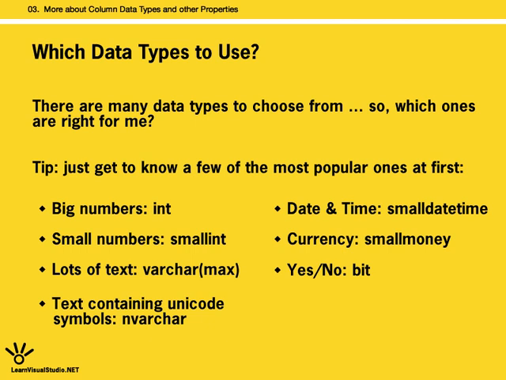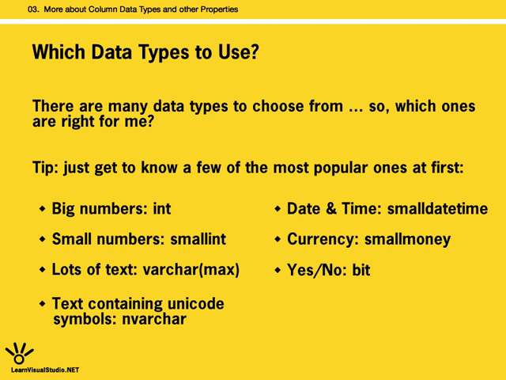Well, if we needed a lot of text, maybe like paragraphs of text, and we don't really know how much data we're expecting there, then in some rare situations we can use varchar max, which would allow us to put as much textual information, paragraphs and pages of data, inside of that particular field of data.